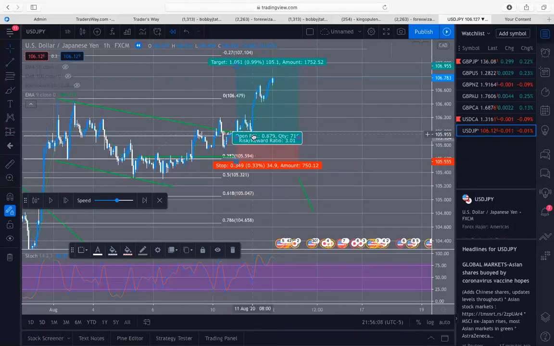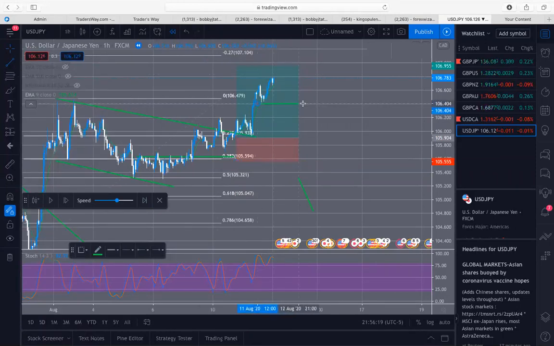So when the market has this impulsive move and it pulls back and it creates a higher high, this is where you come in and you move your stop loss here.